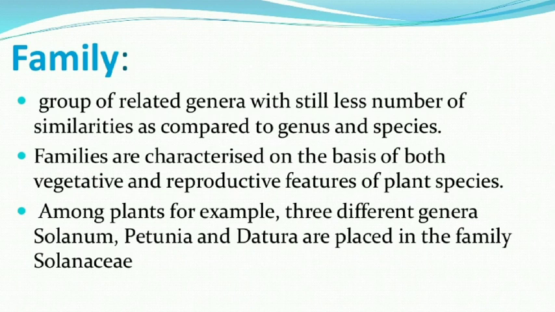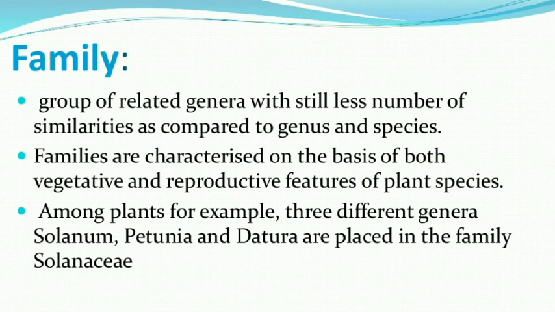Among plants, for example, three different genera, Solanum, Petunia, Datura, are placed in the family Solanaceae because they have some common characteristics. Genus Solanum, genus Petunia, genus Datura, all are placed under the same family Solanaceae because of the similarities of some characters.